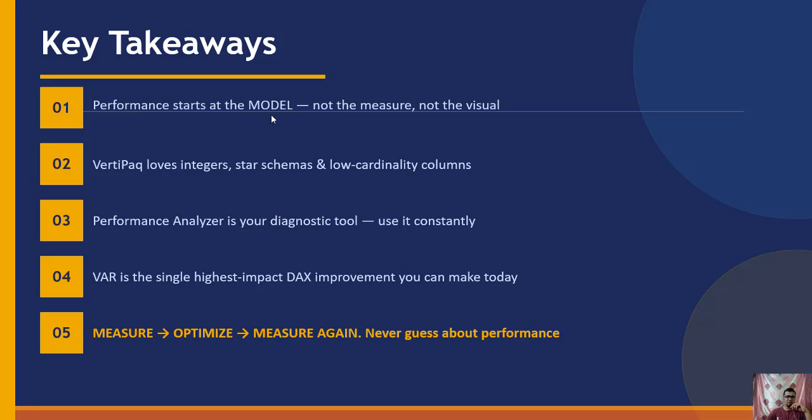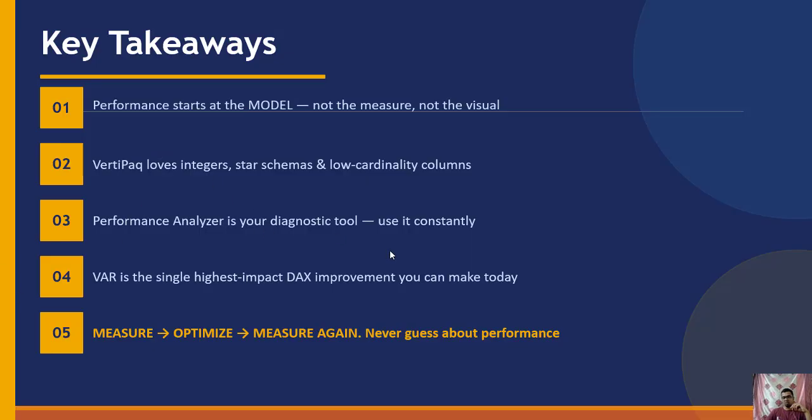These are the key takeaways we have seen in this session. Performance starts in the model, not the measure and not the visual. VertiPaq favors integers, star schema and low-cardinality columns. So how the VertiPaq engine works: if you understand that, then we can design our model and create the measures in an efficient way.